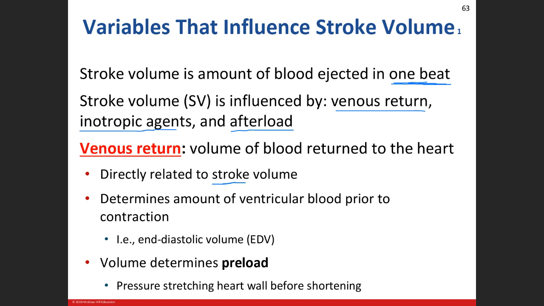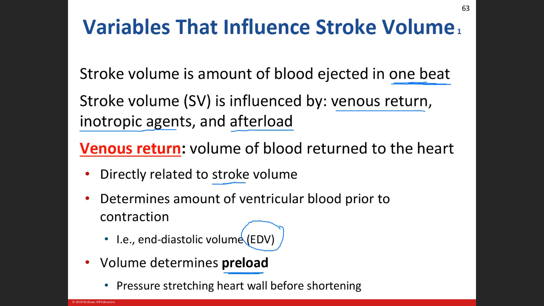Remember, what goes out must come in. So if the heart is going to be pumping out more blood, eventually more blood will be coming back to the heart. Another way that we can look at it is end diastolic volume. You'll also refer to it as preload.